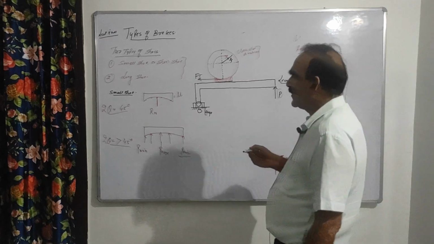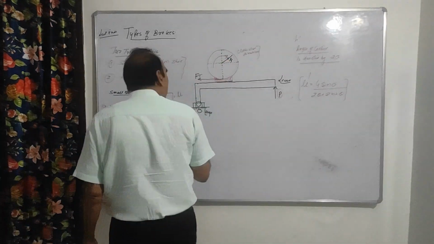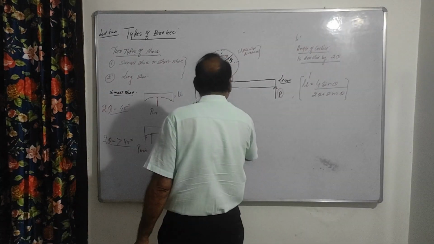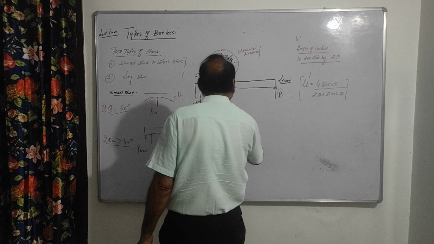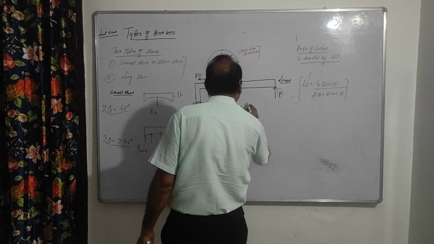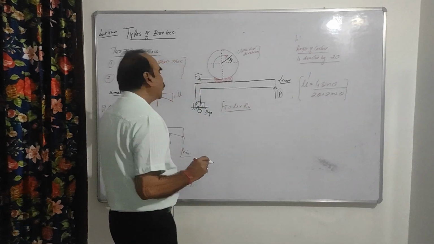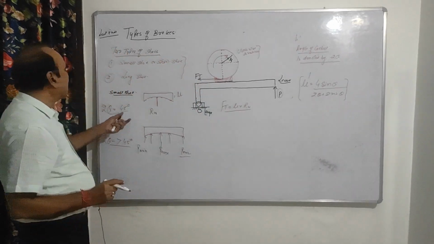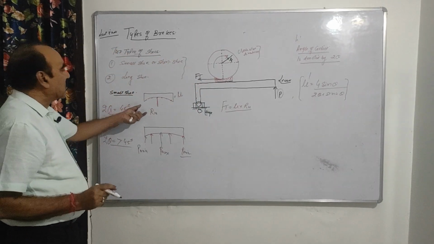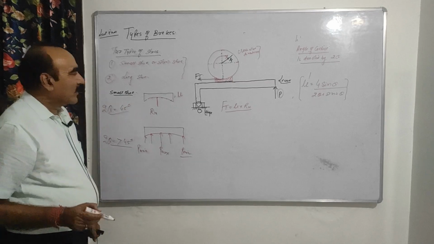Only the difference is this, because as you know, Ft is equal to mu into Rn in case of the small shoe, right?